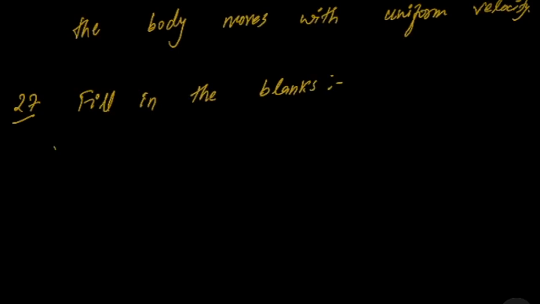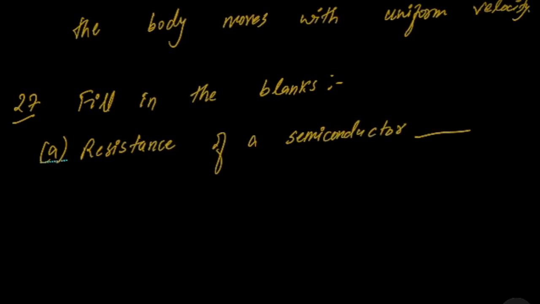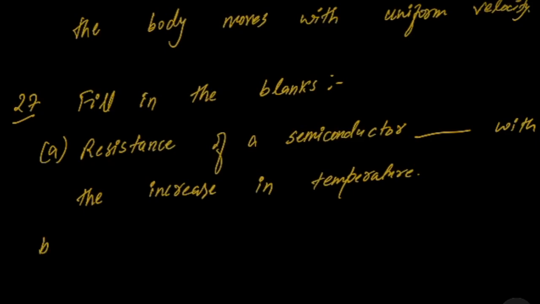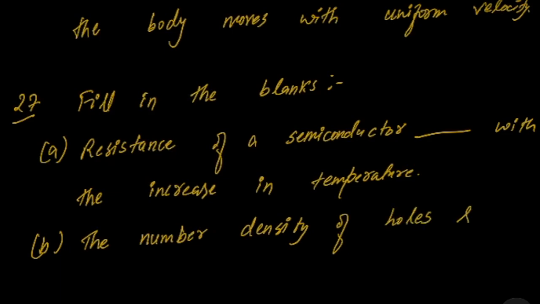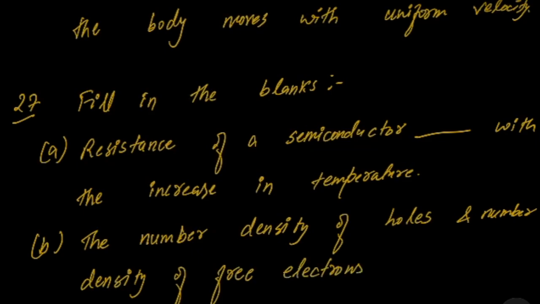A is: resistance of a semiconductor blank with the increase in temperature, and B is: the number density of holes and number density of free electrons are equal in blank semiconductor.